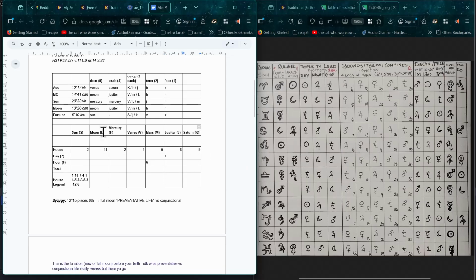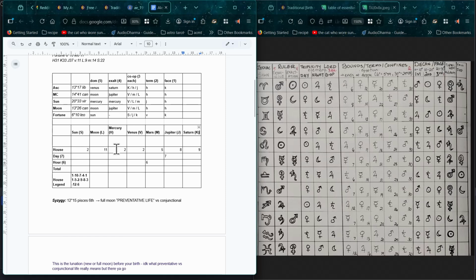Okay, so now I'm going to add all this up. I've already put in, depending on which house each of these planets is in, they're going to get a certain score. So Sun has 2 points because Sun is in the 12th house. So it's 12, 11, 10, 9, 8, 7, 6, 5, 4, 3, 2, 1 points based on these house numbers.